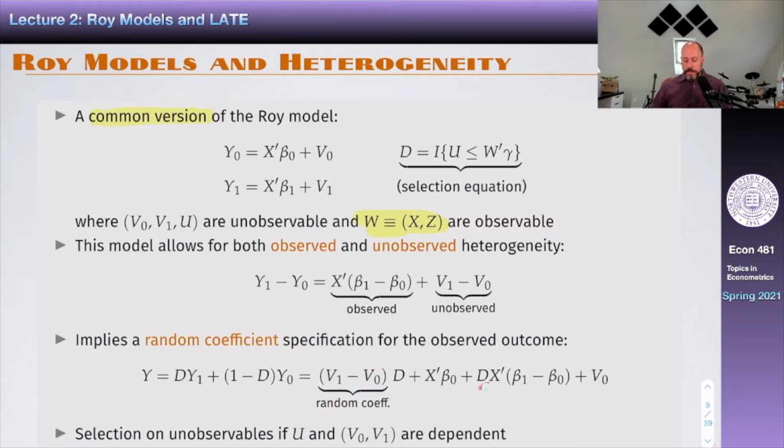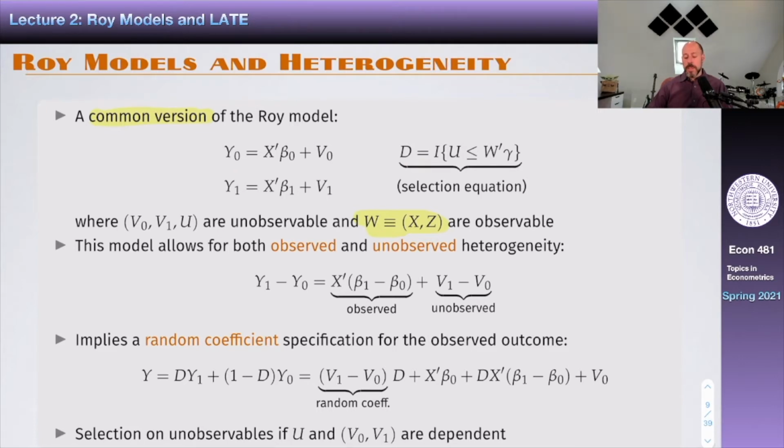Okay? And so we say that there's selection on unobservables if u, which is what determines the decision D, is correlated with the b's, which are what determine the potential outcomes. This is a way of formalizing what we described last time as units making decisions by taking into account the potential outcomes.